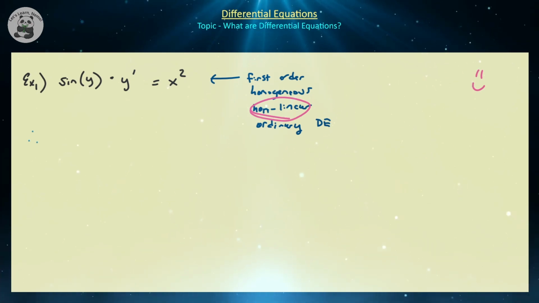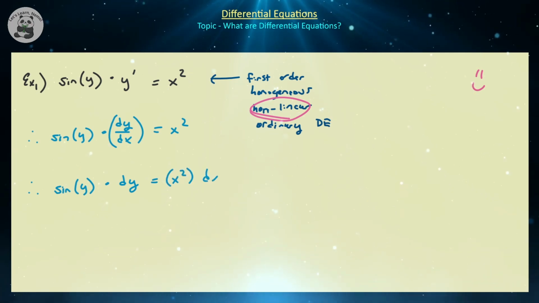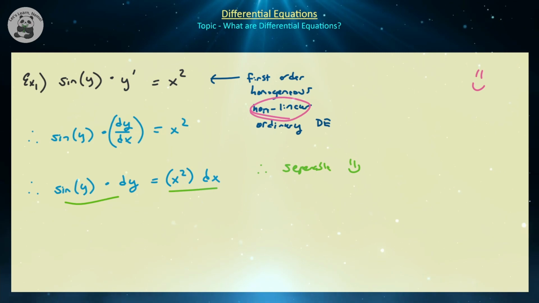So we have sin(y) times dy/dx is equal to x squared. So we have sin(y) dy is equal to x squared dx. We have our y's on the left, x's on the right, therefore separable, which should make you smile.